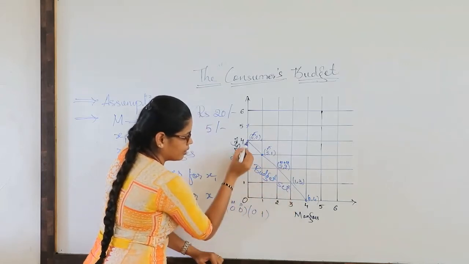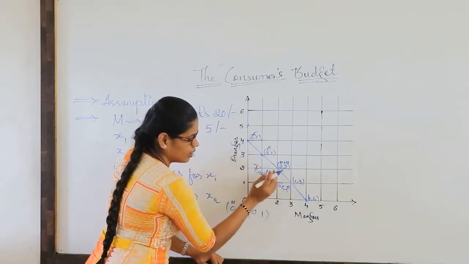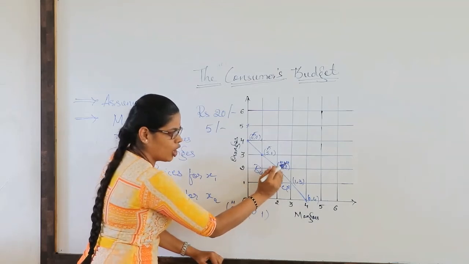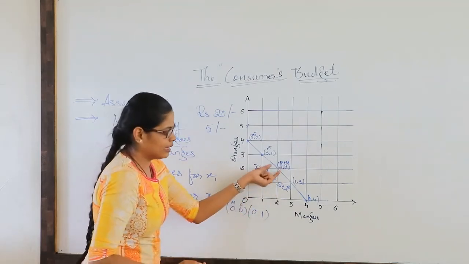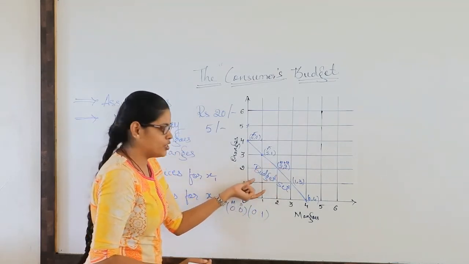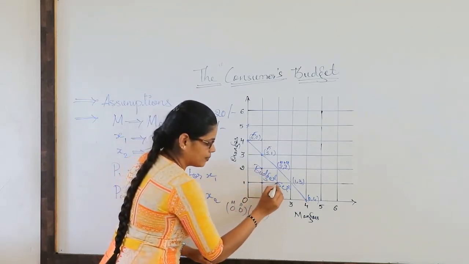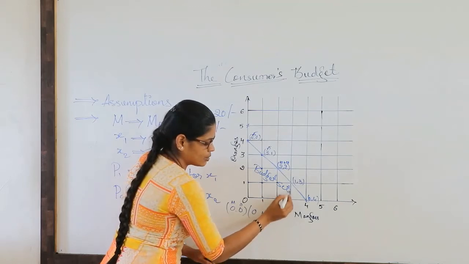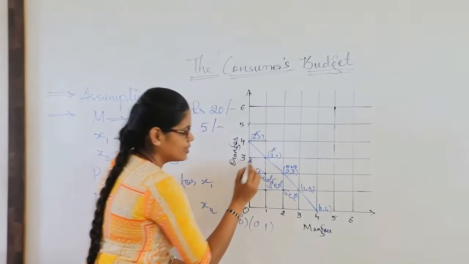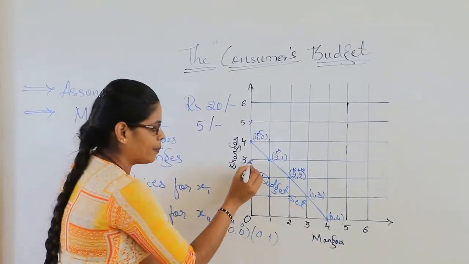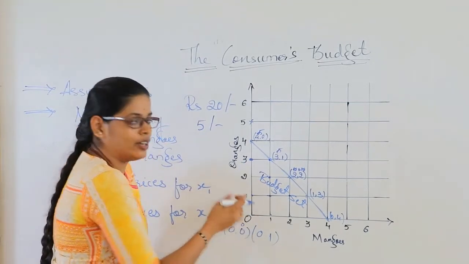So this is the portion we call a budget set. The area on or below the line is called the budget set, because this is the area wherein he can buy goods and services, because these are different sets of bundles. He can buy 3 oranges and no mangoes.